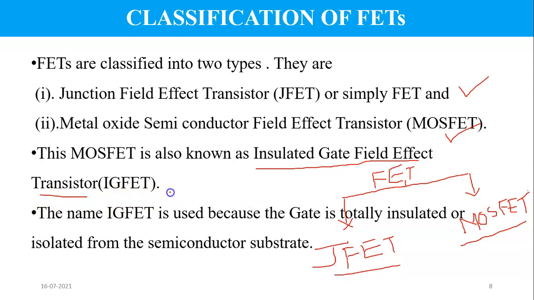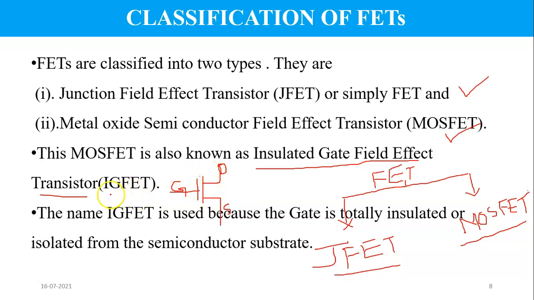That means in this case the gate is totally insulated from the channel. Suppose I call this the gate. So in the MOSFET, suppose this is your drain, this is your source. The gate is totally insulated from the channel.